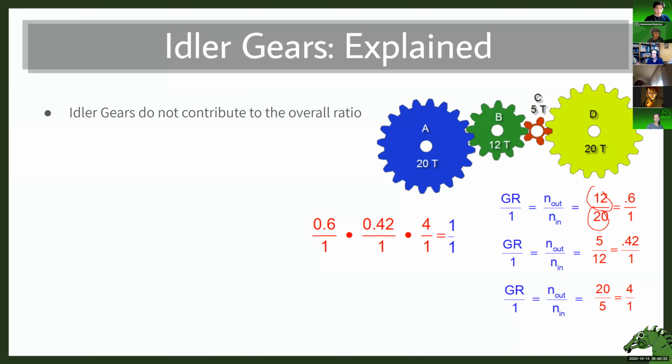Then 5 to 12 gives you 0.42 to 1. And then finally 20 to 5. When you multiply them all together to get your final compound gear ratio, it ends up as 1, because essentially it's just these two outer gears that are interacting. That's your output over input, 20 over 20, 1 over 1. Your gear ratio is 1.